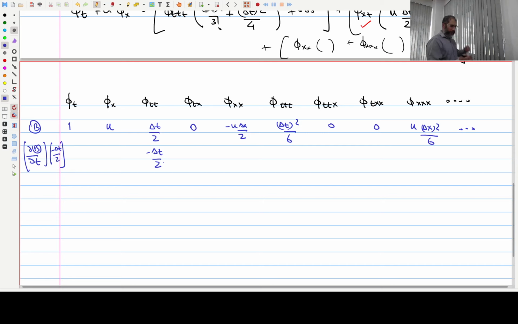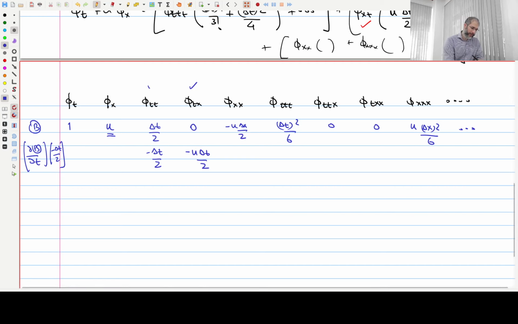Next was phi x in equation number b. When you take a derivative with respect to t, you generate phi xt or phi tx. The order of derivative does not matter. So the phi tx term is generated, and the coefficient of phi x was u, and I've multiplied that by minus delta t by 2. So this becomes minus u delta t by 2.